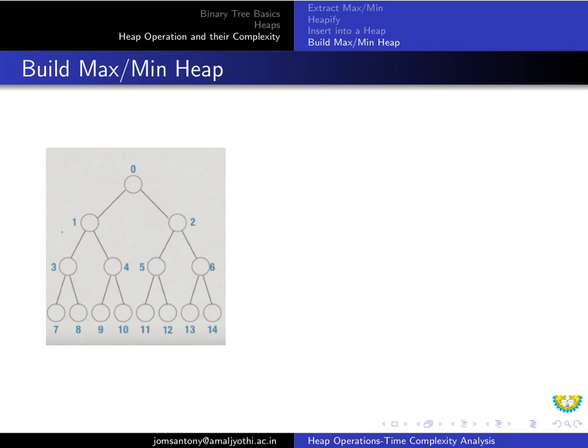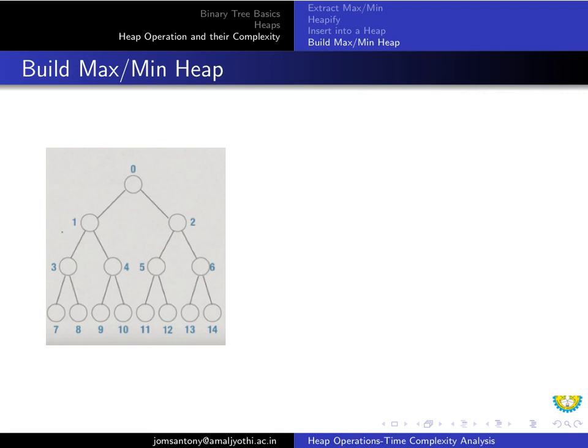Now that we know about insert and Heapify operations, we can study how to build a max or a min heap if you are given some values. So the naive idea is to think that you have to insert the values, and then if heap ordering is lost, you have to heapify.